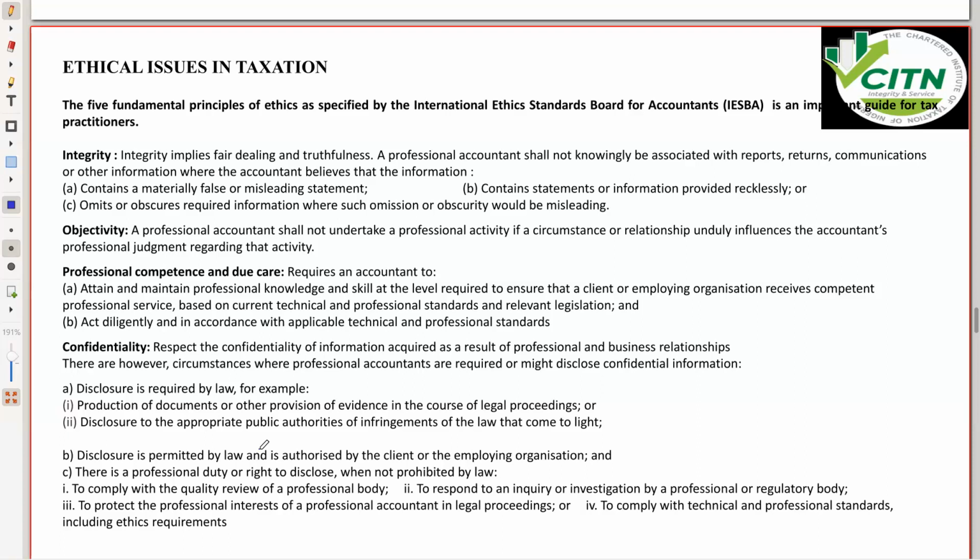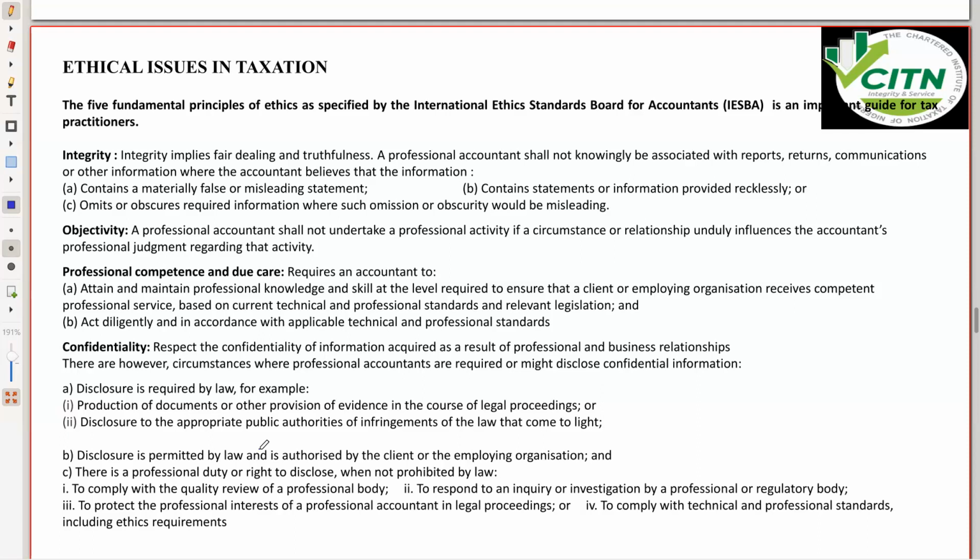So you're going to come across this in most of your topics, really, ethical issues in taxation. And so there are 5 fundamental principles of ethics as specified by the International Ethics Standards Board for Accountants that serve as an important guiding principle for anyone that wants to be a tax practitioner. So we'll do a quick recap of these guiding principles, because you're going to come across them in a number of places.